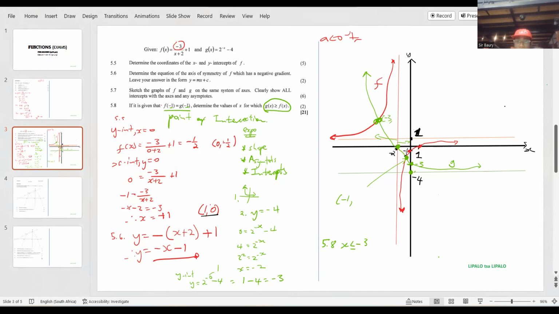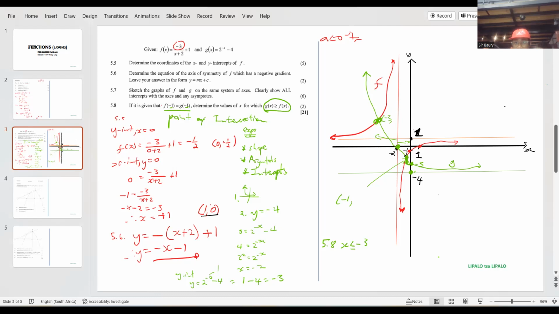That's when it's above. After -3, it goes down, down, down, going to 2. And then after this is -1. From -1 going there, G is below, right?